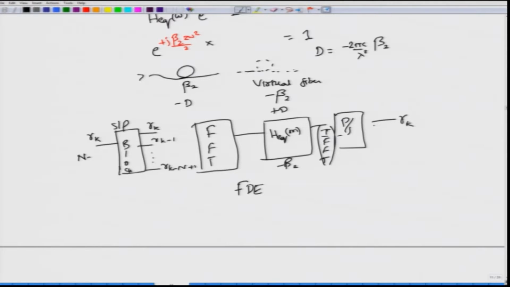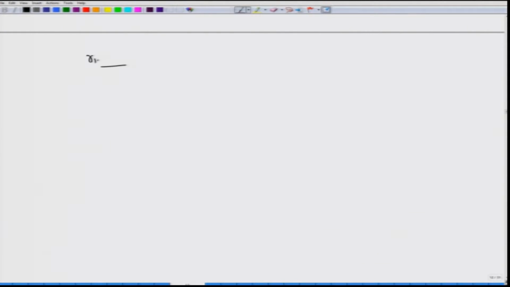Now, you can go back to the time domain and perform a time domain equalization. In the time domain equalization, all my input signals Rk will be appropriately delayed. So, you get Rk, Rk minus 1, Rk minus 2 and so on, a chain of these values. The output of each of them will be multiplied by a certain weighting function.